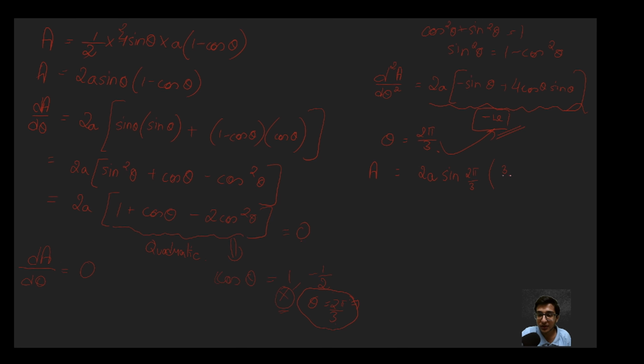So this becomes 3 by 2 ultimately. And sine 2 pi by 3, of course we know that this comes in the second quadrant, and in the second quadrant the value of sine is always positive. That means sine 2 pi by 3 would become root 3 by 2. So 2A root 3 by 2 into 3 by 2.